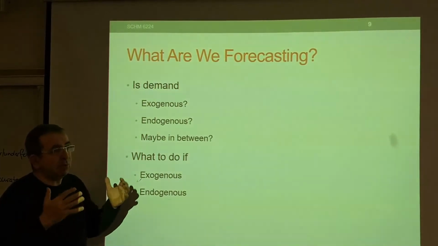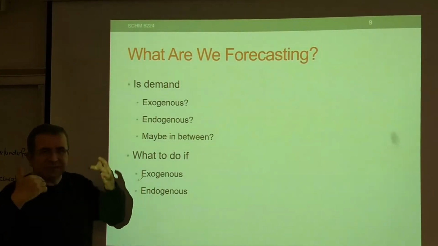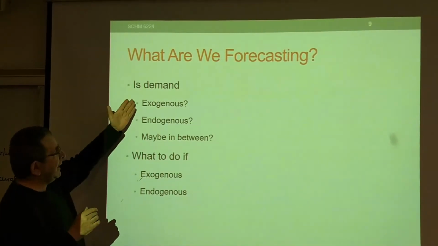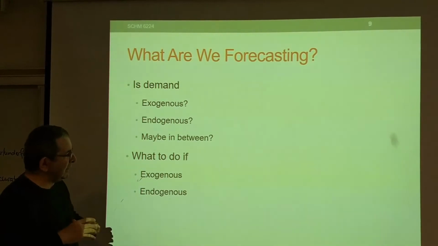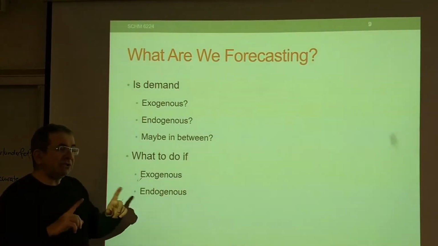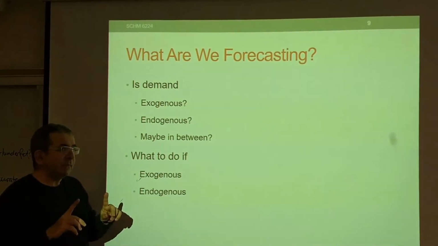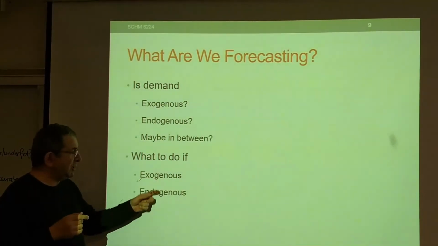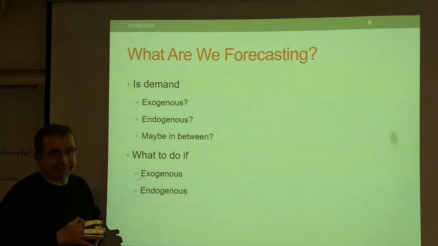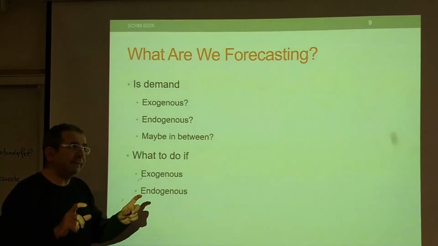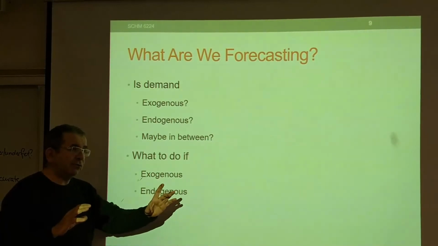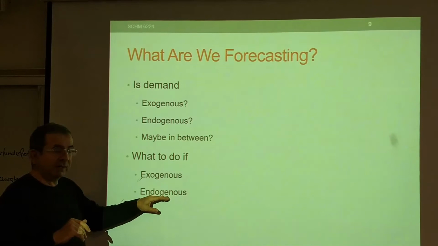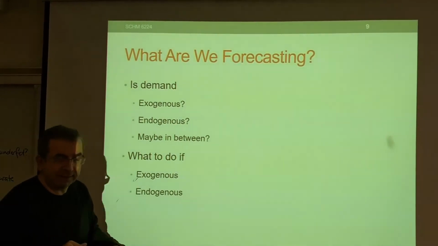And then some people will want to have cool sunglasses and frames, etc. So your demand could be partly endogenous and partly exogenous. And the distinction is, what do you do as a manager when your demand is exogenous versus endogenous? So you need to understand what part of sales comes from exogenous demand, what part comes from endogenous demand.